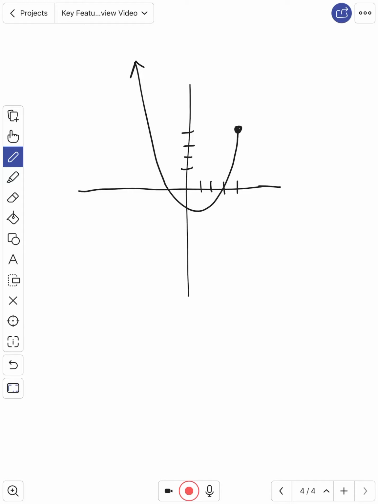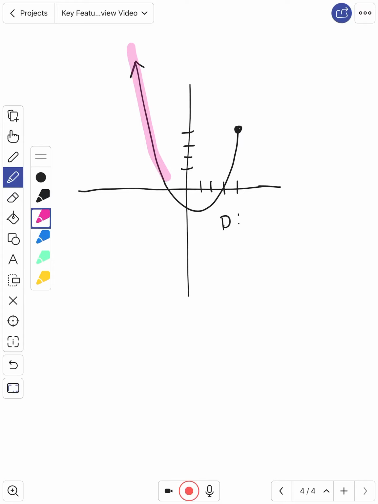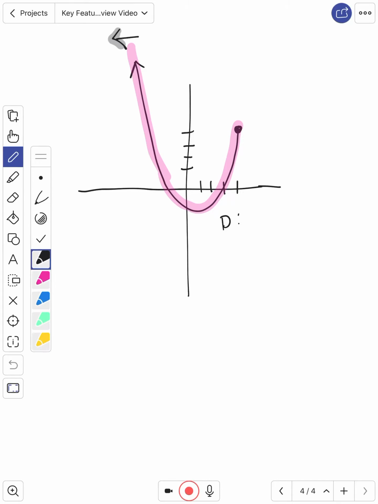Let's talk about domain and range end behavior. My domain is coming from negative infinity, and it's going to this point. That point is closed, so we're coming from negative infinity to 4 with a bracket.